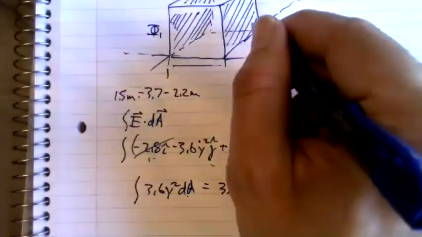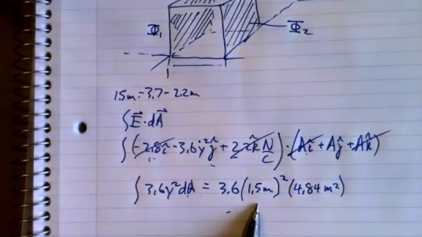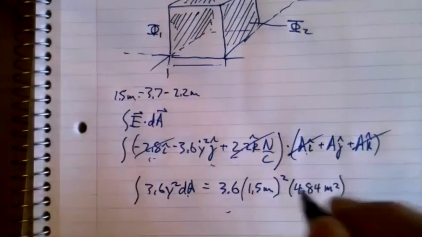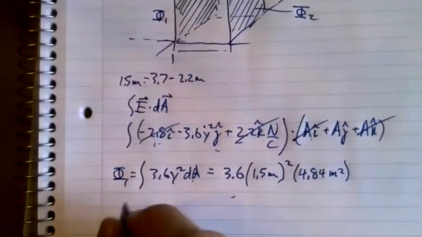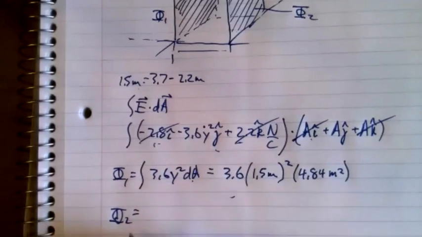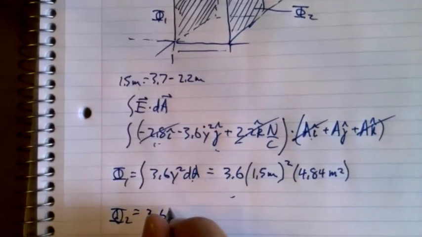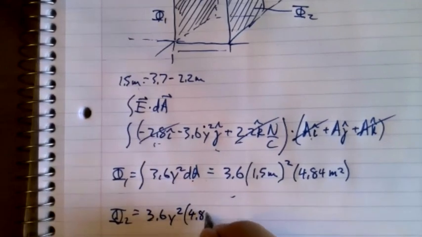This is my flux, or we'll call that side 1. Then I need to figure out side 2. Well, I can use the same formula over here. Now I'm just going to plug in for this. So this was for side number 1. So the flux through side number 2, I'll start with my result here. It'll be 3.6 times y squared times my area, which is 4.84 meters squared.